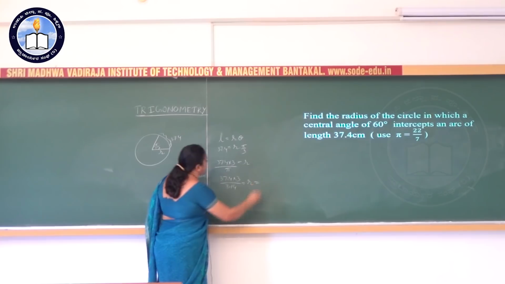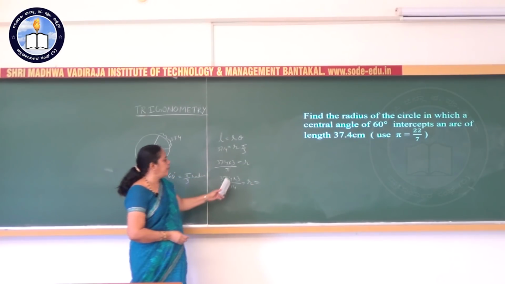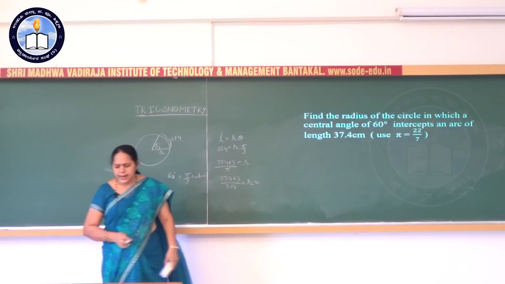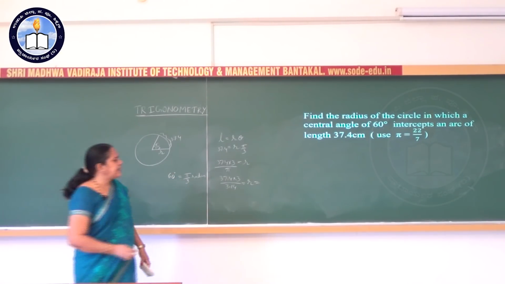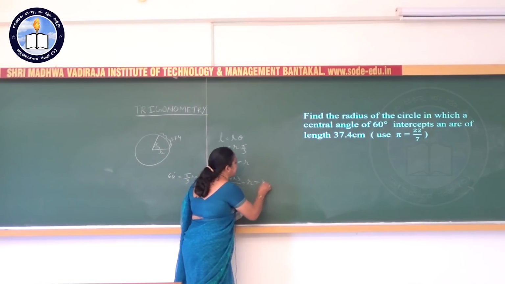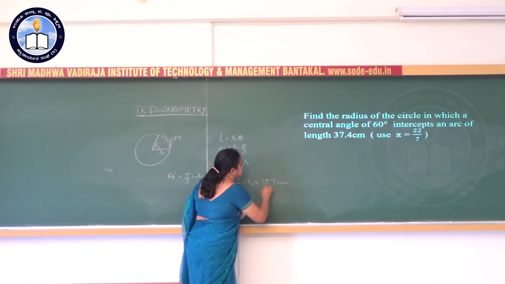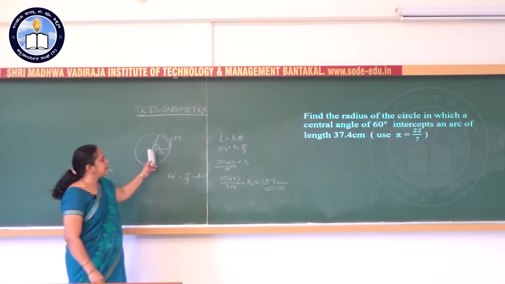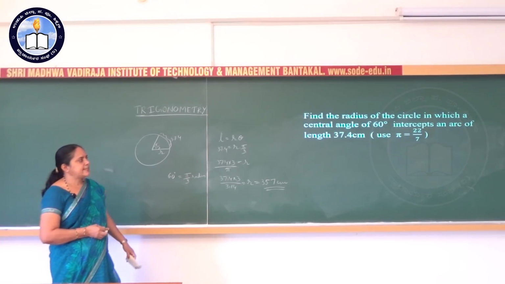So r is equal to 37.4 into 3 divided by 3.14. It's equal to 35.7 centimeter. Therefore, the radius of the circle is equal to 35.7 centimeter.